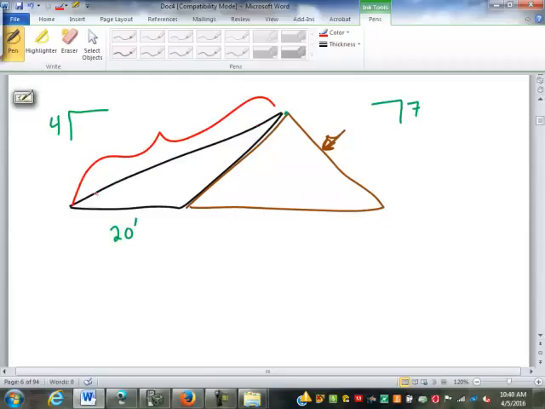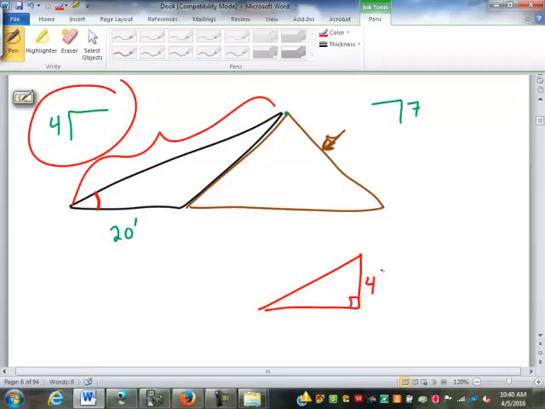I'm going to argue that I know this angle. Do I know that? How do I know that angle? Because of the slope. We have the slope of that means that the bottom corner of this is going to have a ratio of 4 inches of rise to 12 inches of run.